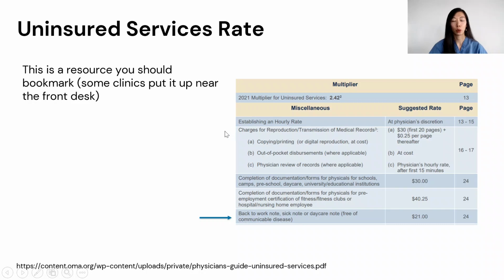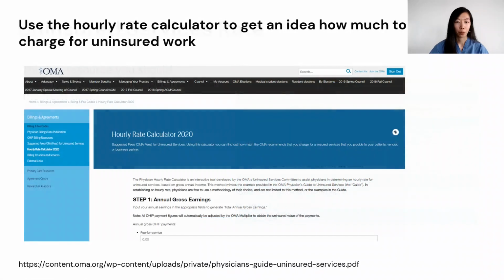And whenever you're doing things for a lawyer, for example, on an hourly rate, they recommend using this multiplier for uninsured services and using an hourly rate calculator. So this is what the hourly rate calculator looks like. If you have an OMA membership, which most of you guys will, this is how you can determine how much to charge for uninsured services based on an hourly rate calculator.